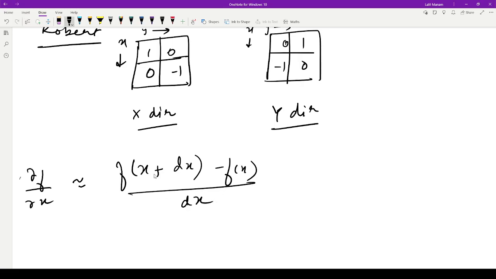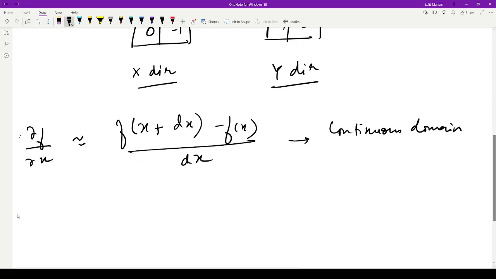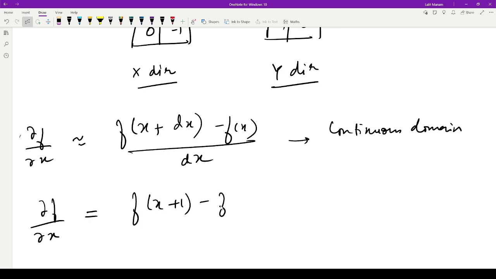This is how you generally define it for the continuous domain. And for the discrete domain, since it's a difference, I'll use the same thing. Please don't get confused whether it's continuous or discrete, since in the course we'll mostly use the discrete versions. So this is the discrete version.